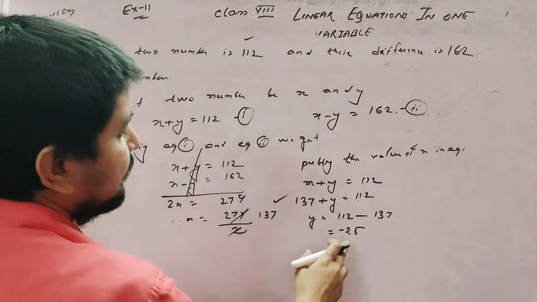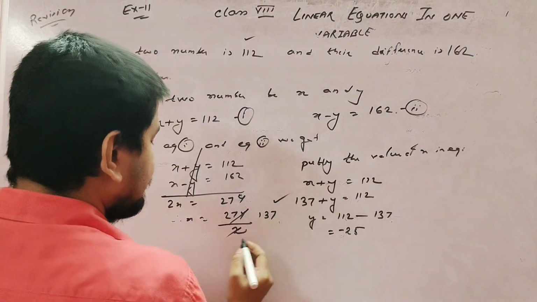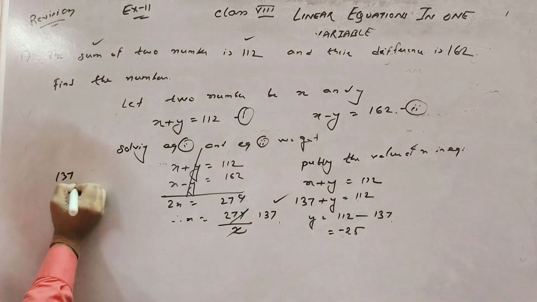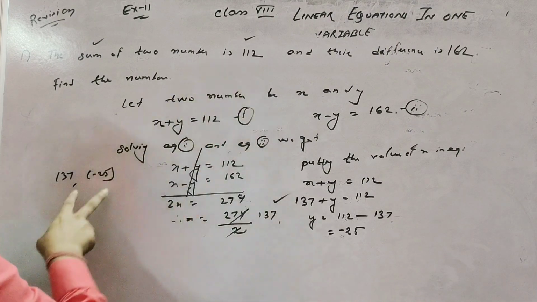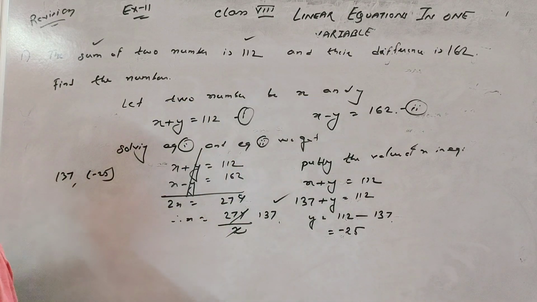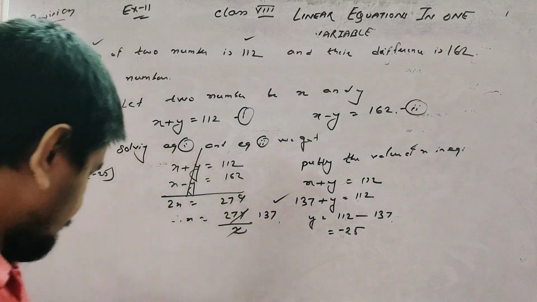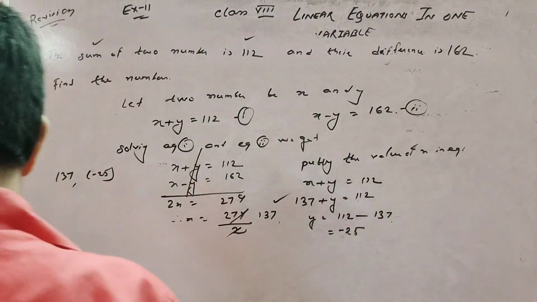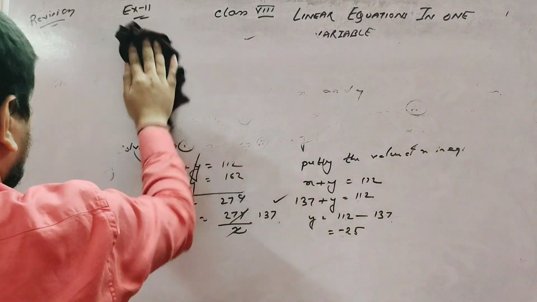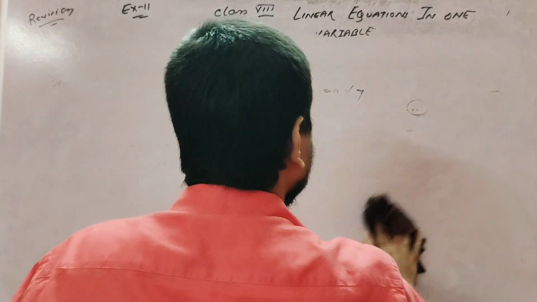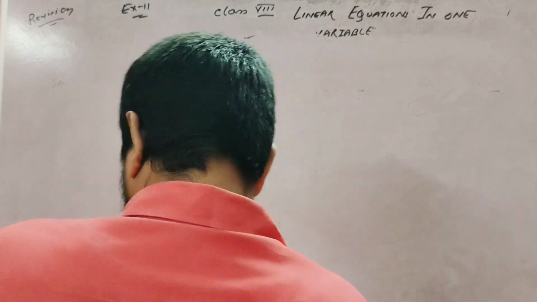So we see the first number is plus 137 and the other is minus 25. When you add these you get 112, when you subtract you get 162. Okay, note. I hope this revision is helpful for your examination.